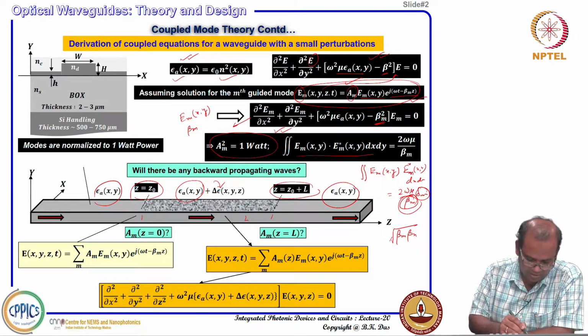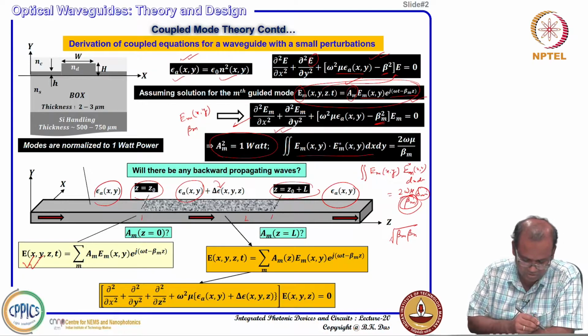Now, we know that the waveguide can support a number of modes, so solutions are there. We can find the total field in the waveguide by summing all the fields along with their phase. If there are 10 modes, then a 10-mode superposition will be the total field in the waveguide.